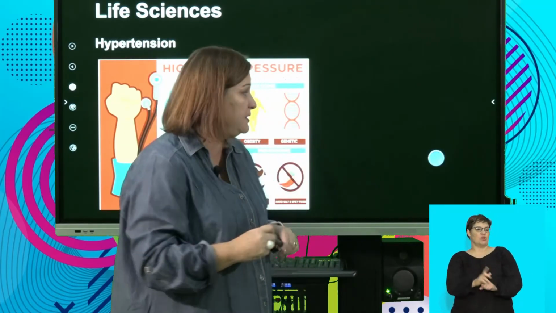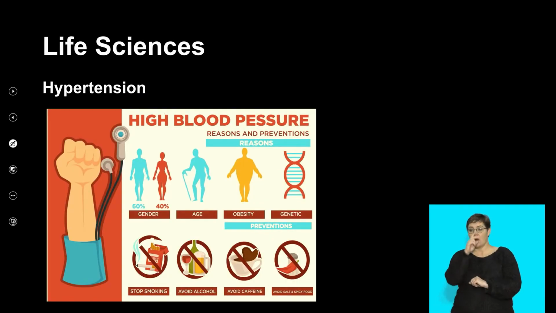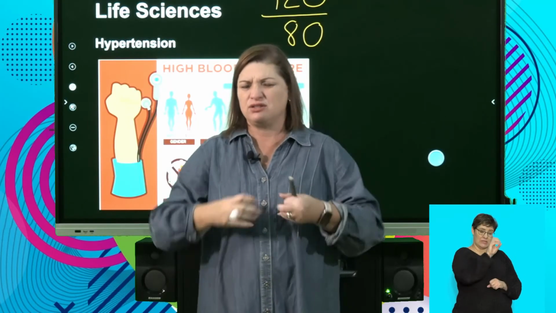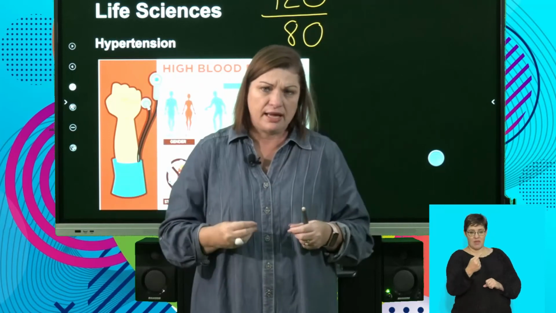So it takes a reading, and this is considered to be a normal reading, 120/80. So a contraction of 120 milligrams over a resting pressure of 80.